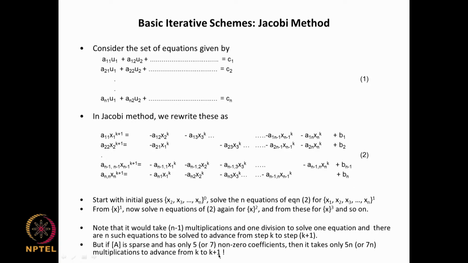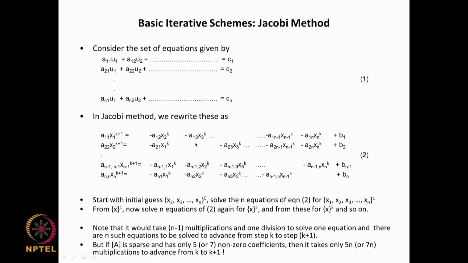So in that sense the Jacobi method takes advantage of the sparsity of matrix A. Instead of doing it for all of them, it does only for those equations which do not have non-zero coefficients, and by doing that it goes from n square number of multiplications or divisions to 7n or 5n number of multiplications or divisions to go from step k to step k plus 1.